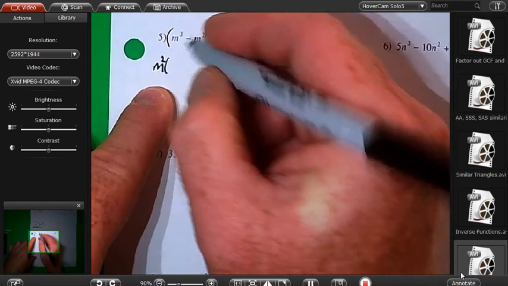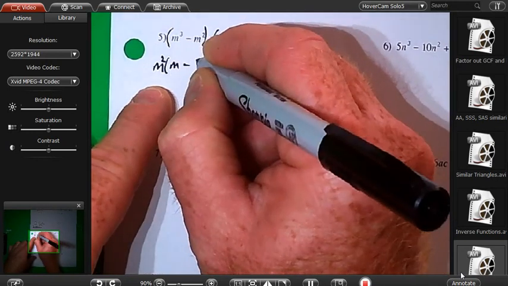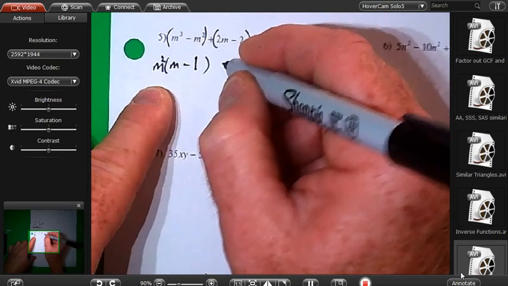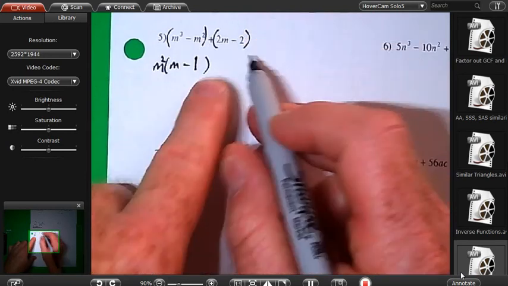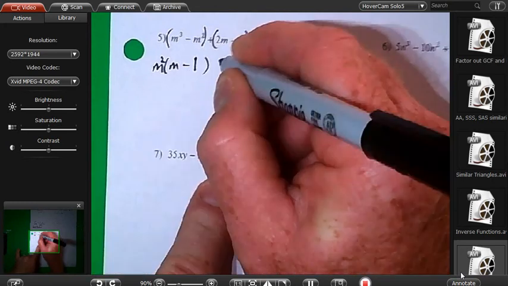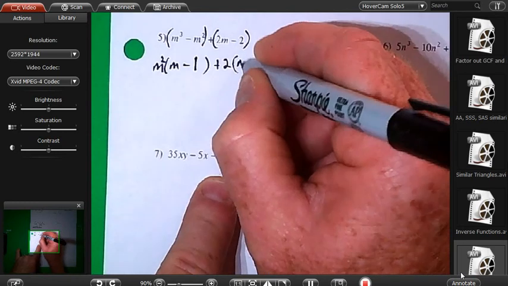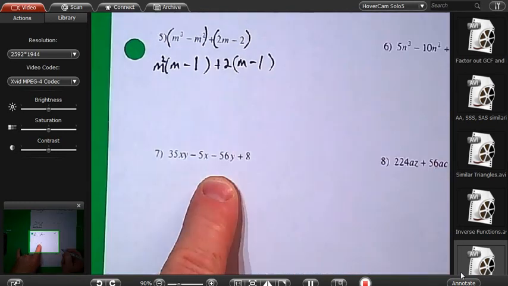M minus 1. All right, in the second group, what's the GCF of 2 and 2? 2. And what's left? M minus 1. Okay, if you did what you're supposed to do, it should be m minus 1.